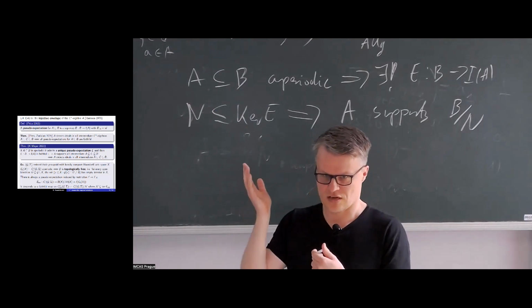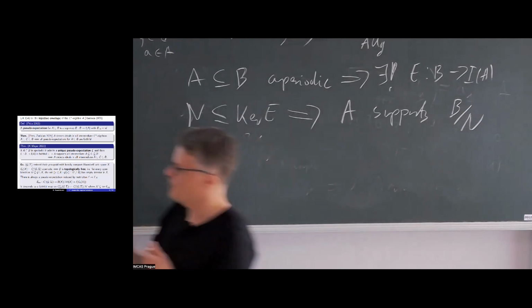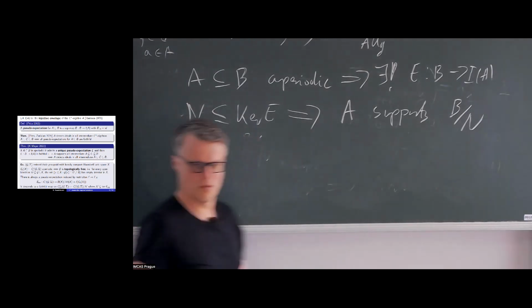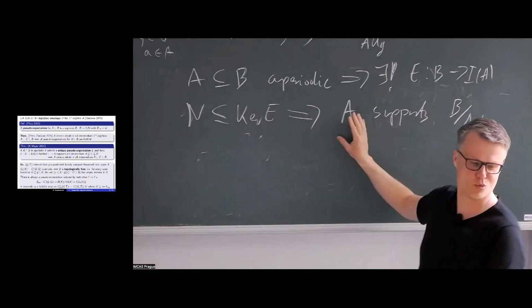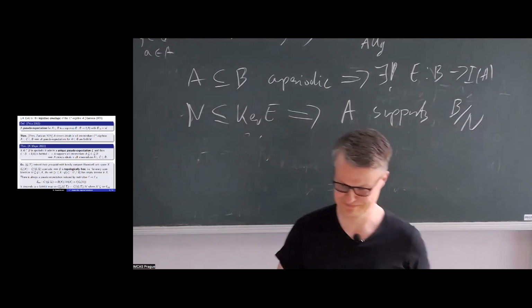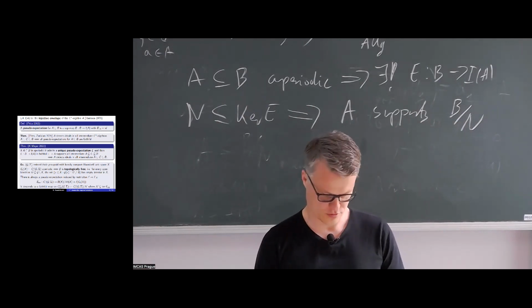But if this has a non-empty interior, it means that they kill some functions from C(X), and this is too much. I can quotient B if I want this property, but I don't want to quotient A. A I should not touch. I don't have more to say about it at the moment.